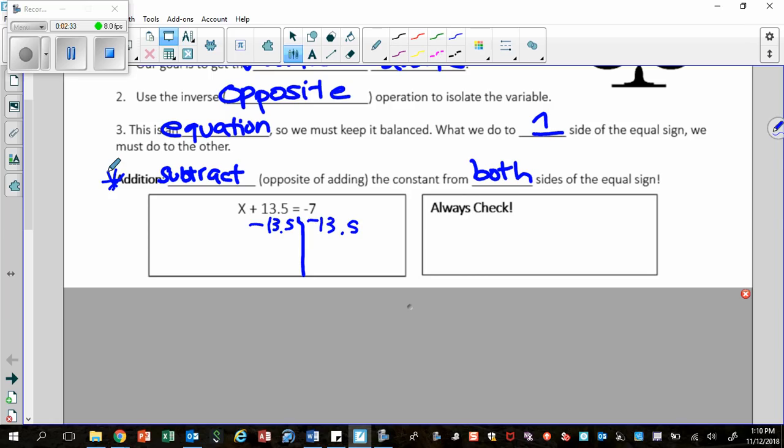So then I think to myself, well, what's 13.5? A positive 13.5 minus 13.5. A positive and a negative of the same number cancel out. Right? So then all I have left on the left side is my x. So I have x equals, and then I'm going to compute negative 7 minus 13.5. They're both negative, so we're combining them together. So I should be combining negatives. So I should get negative 20.5.